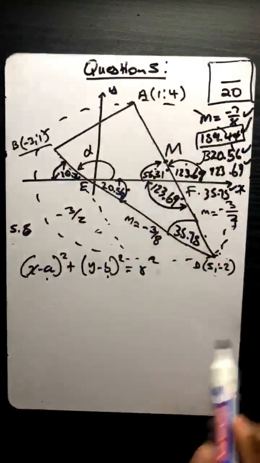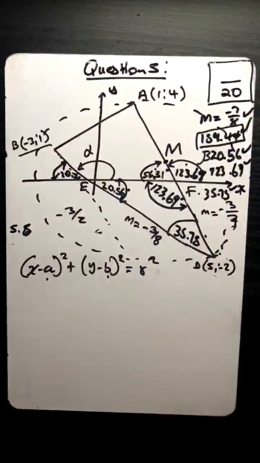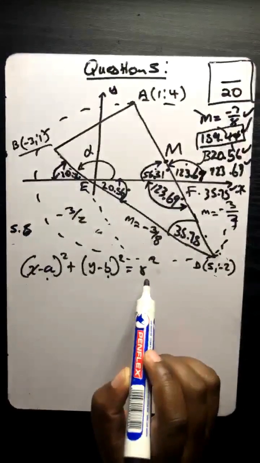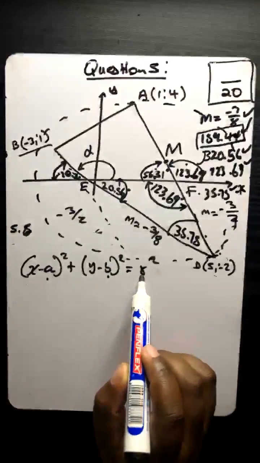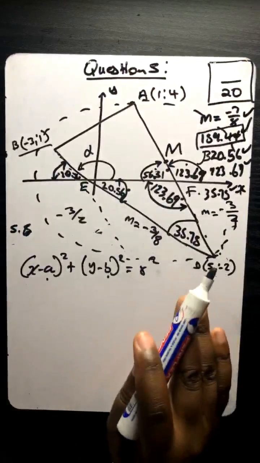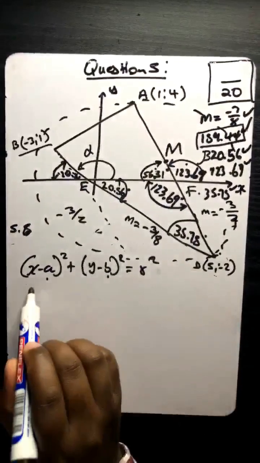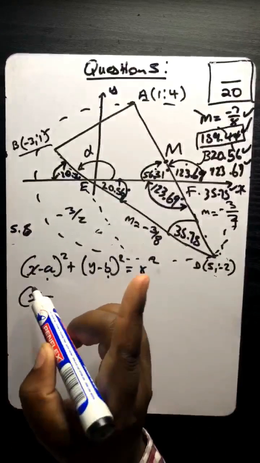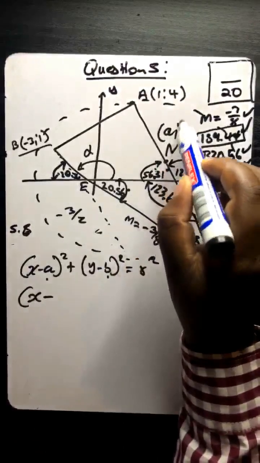So every time they say calculate or determine an equation, they're simply saying on this type of equation, just find everything and leave your equation in a form having letters X and Y only. So X minus what is our X value of the center? So this is a and b.